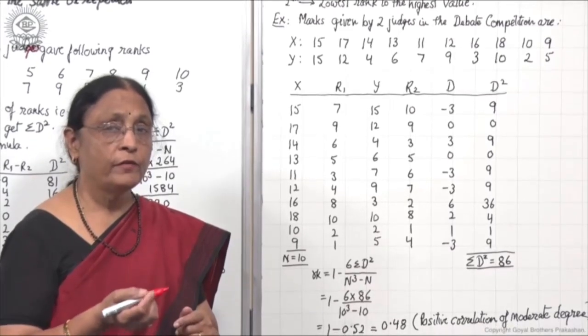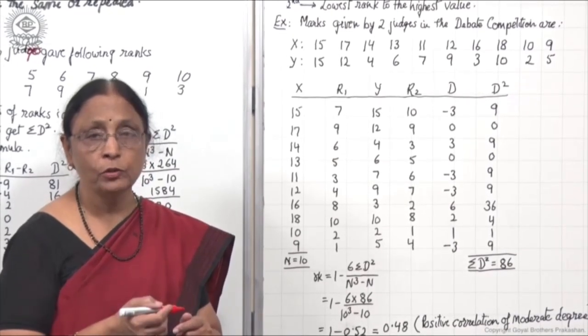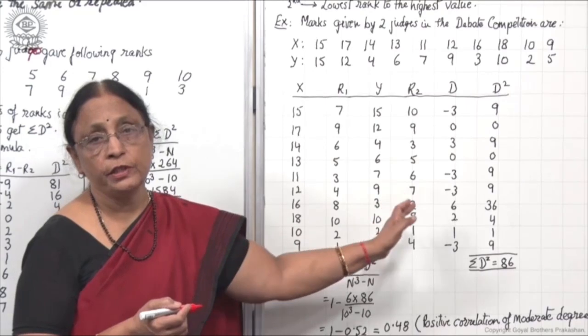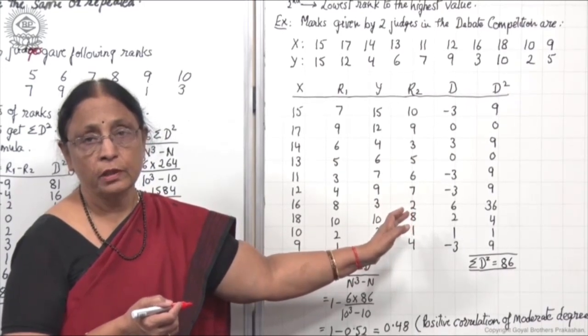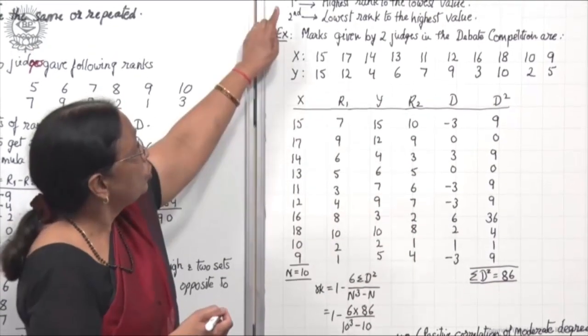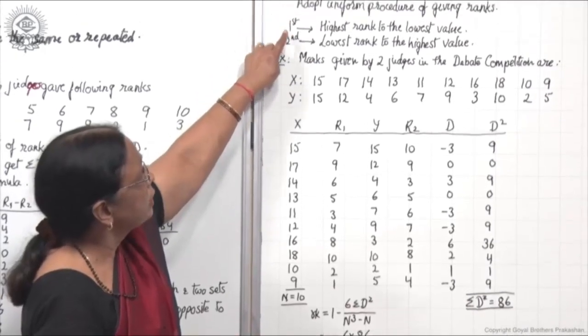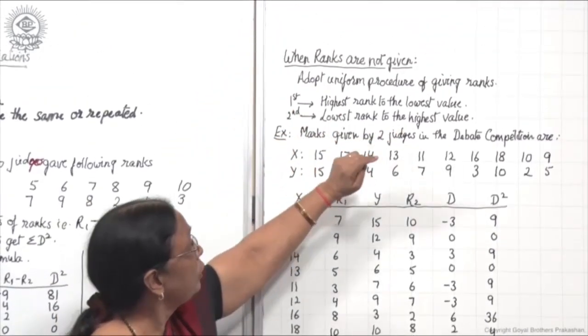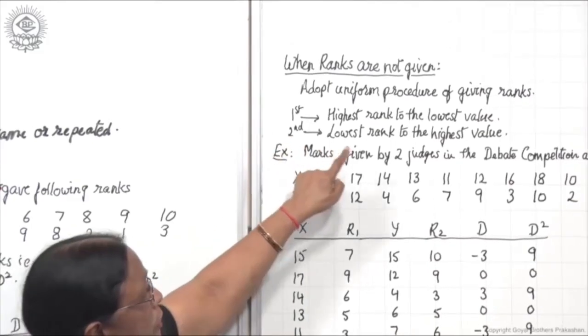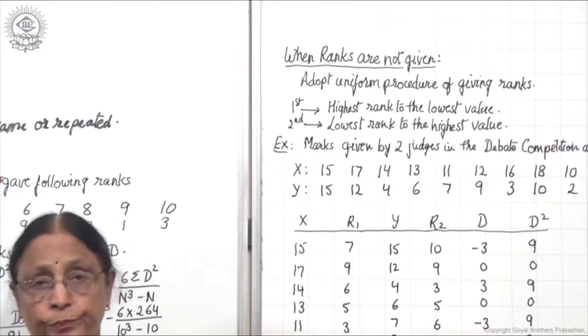And if you are giving first rank to the lowest value, then follow the same procedure in the Y series, right? So two procedures are there. First, highest rank to the lowest value, and second is lowest rank to the highest value.